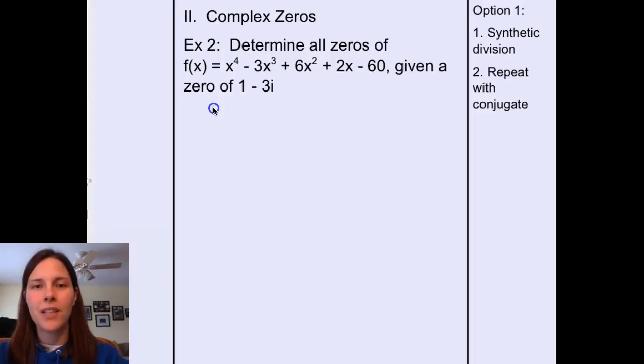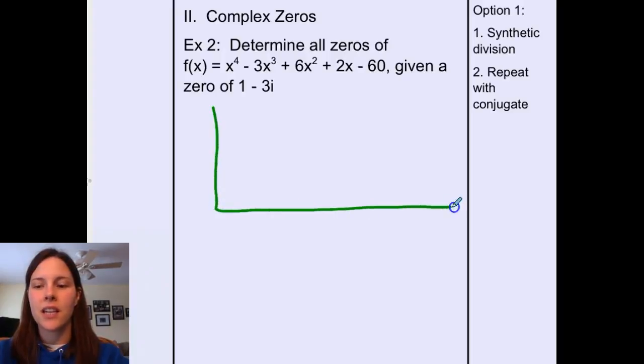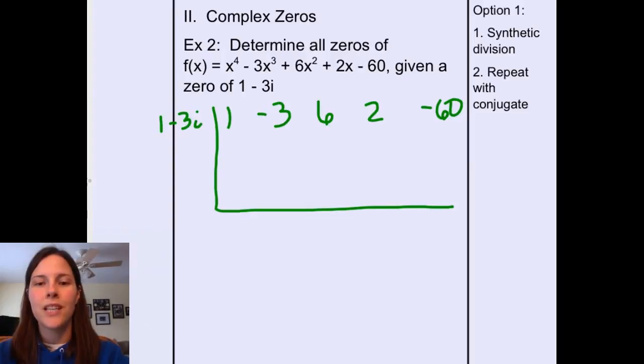Our next example is to determine all of the zeros knowing that we have a complex zero. We're going to set this up with synthetic division. 1x to the fourth minus 3x cubed plus 6x squared plus 2x minus 60. We are given the zero, so we do not make it opposite. We use the zero on the outside.